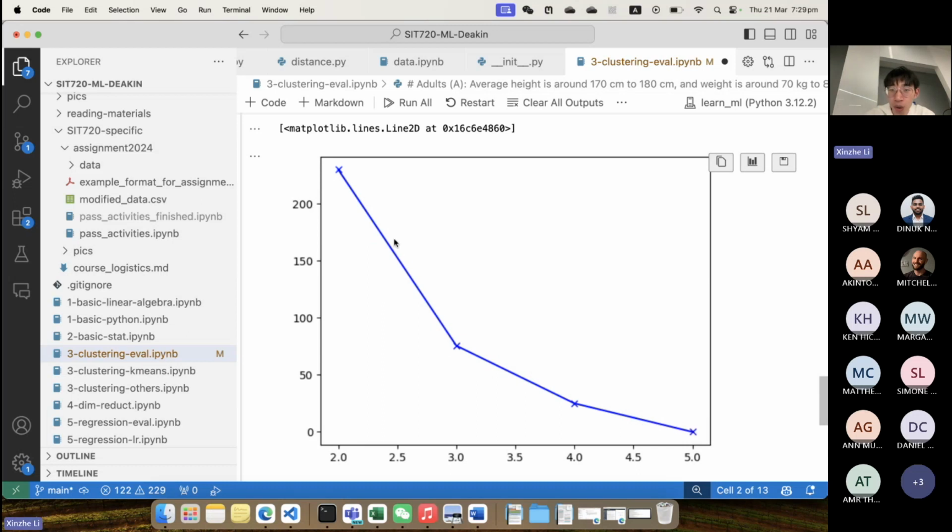So how can the elbow plot help us? The elbow plot says, I look at the marginal rewards. You see, from 2 to 3, my reward is very, very big. It's like going from 250 down to 50 or 60. But if I increase again, it only goes from like 70 to 40.